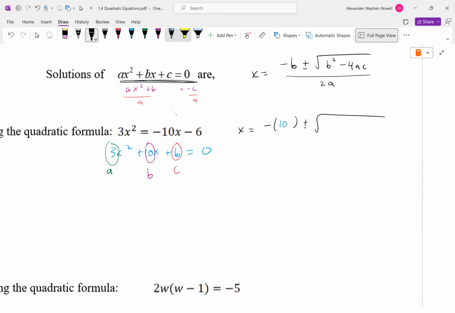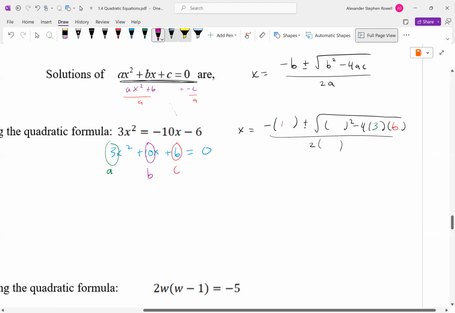Plus or minus the square root of 10 squared minus 4 times what times what? 3 and 6. All right, all over 2 times 3. All right, I try to color code it. I guess I color coded it wrong. All right, B is purple and A is green. Okay, there it is.